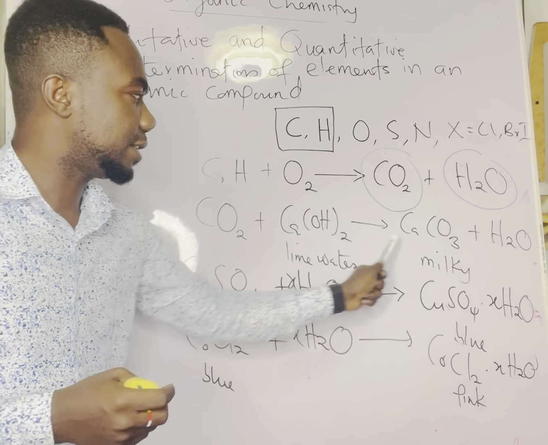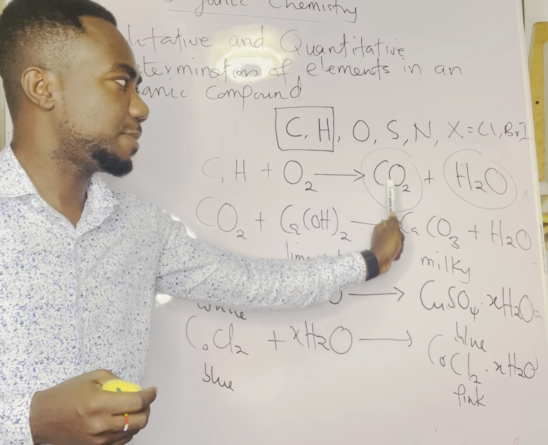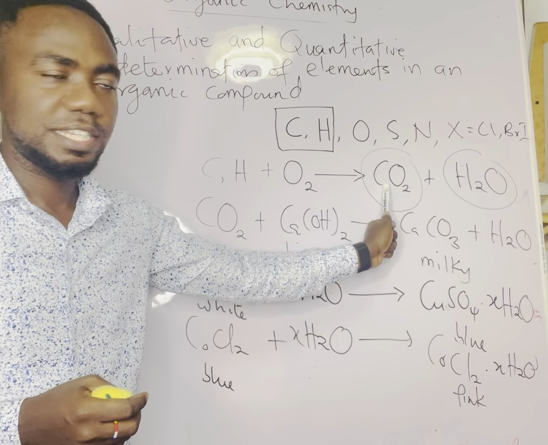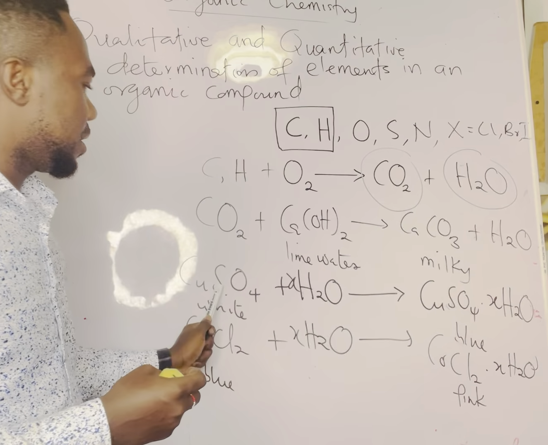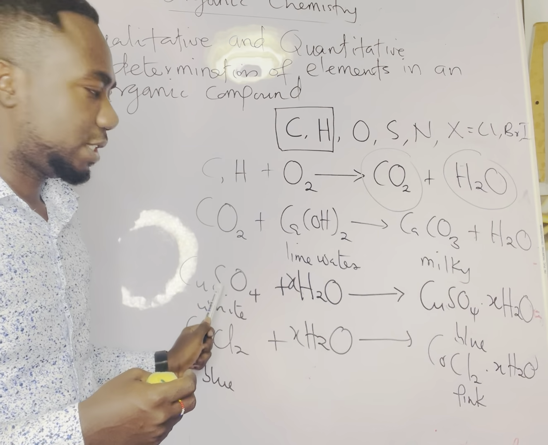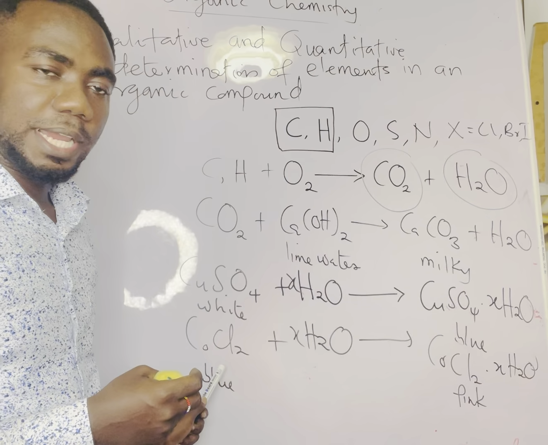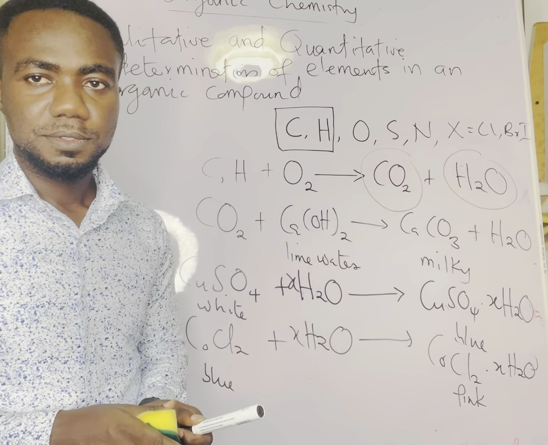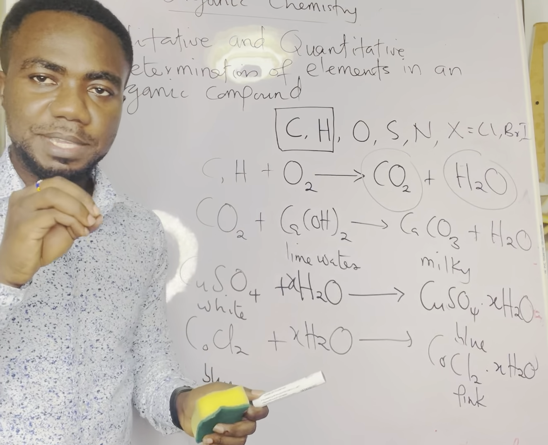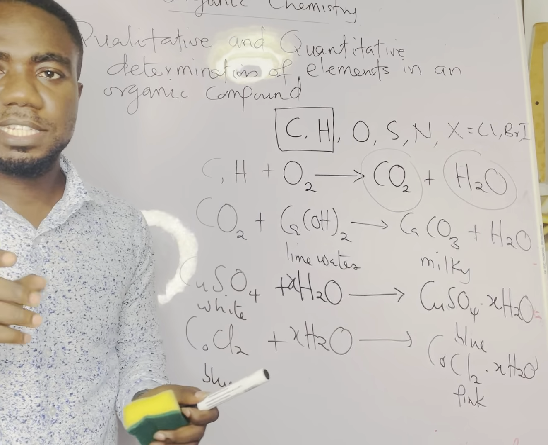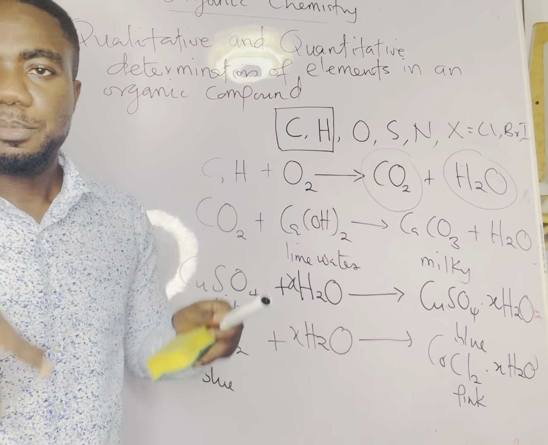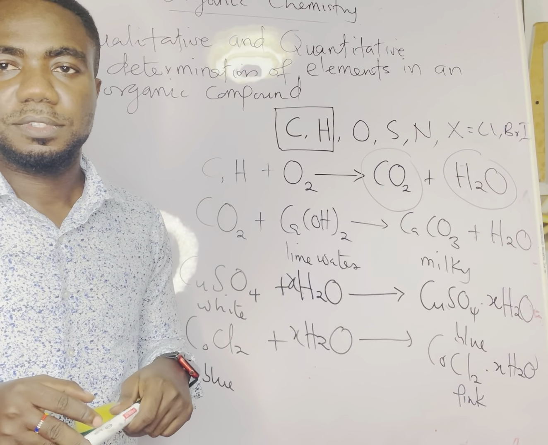When lime water changes to milky calcium carbonate, it means the gas there is carbon dioxide. For water, white anhydrous copper 2 sulfate changes to blue, or blue cobalt 2 chloride changes to pink. So that's the procedure for the qualitative determination of carbon and hydrogen present in an organic sample.